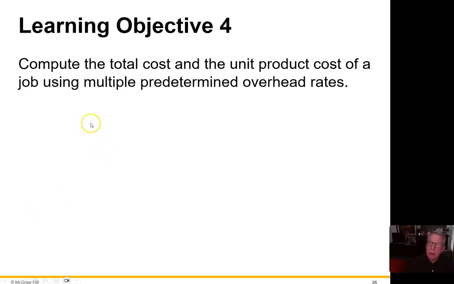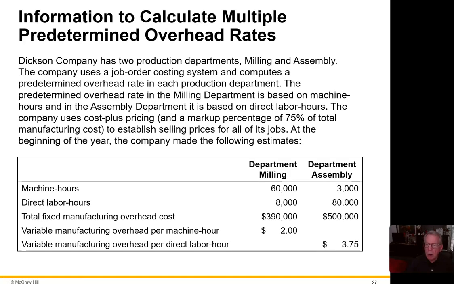So let's compute the total cost and unit product cost using multiple predetermined overhead rates. Here, the Dixon company has two production departments, milling and assembly. The company uses a job order costing system and computes a predetermined overhead rate in each production department.